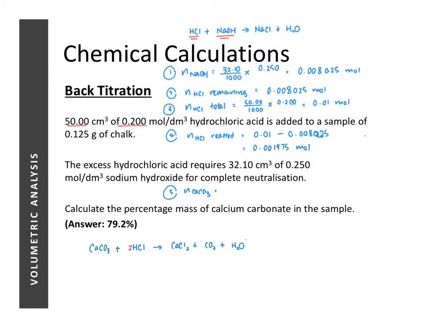Okay, and then the equation is balanced, and from there we can see that 1 mole of calcium carbonate will react with 2 moles of hydrochloric acid. So since the number of moles of hydrochloric acid was this, the number of moles of calcium carbonate will be that divided by 2.